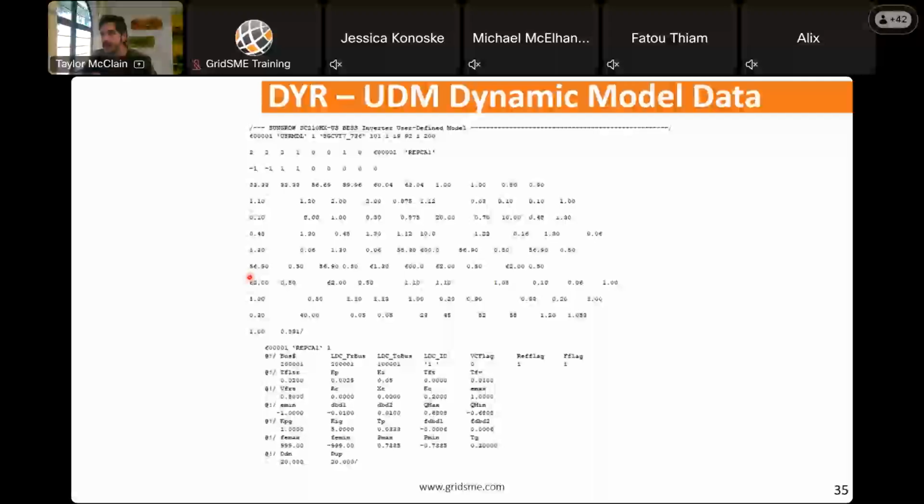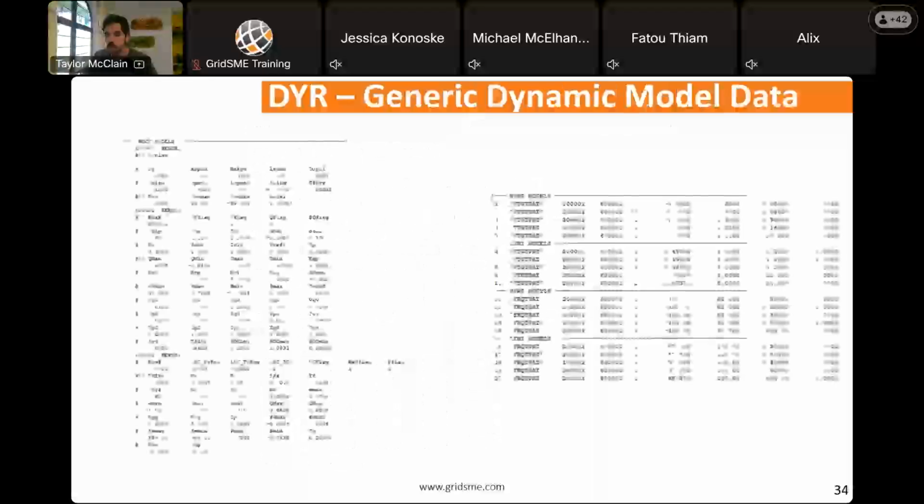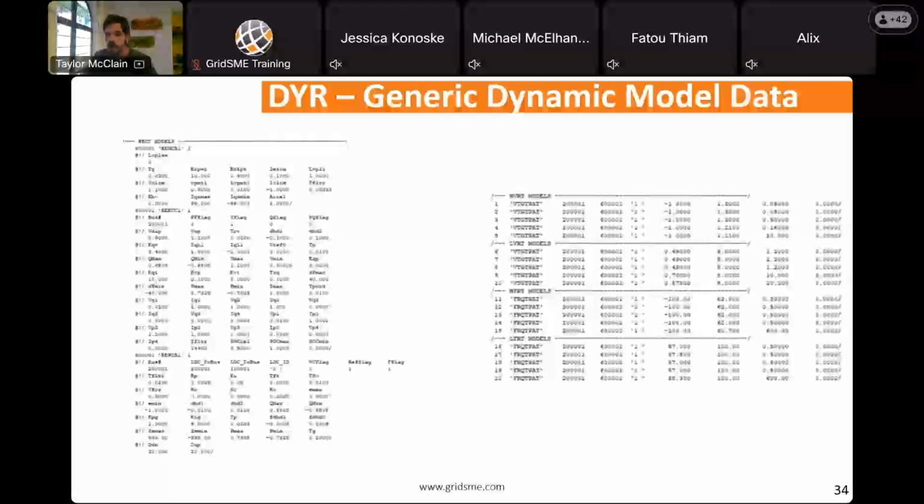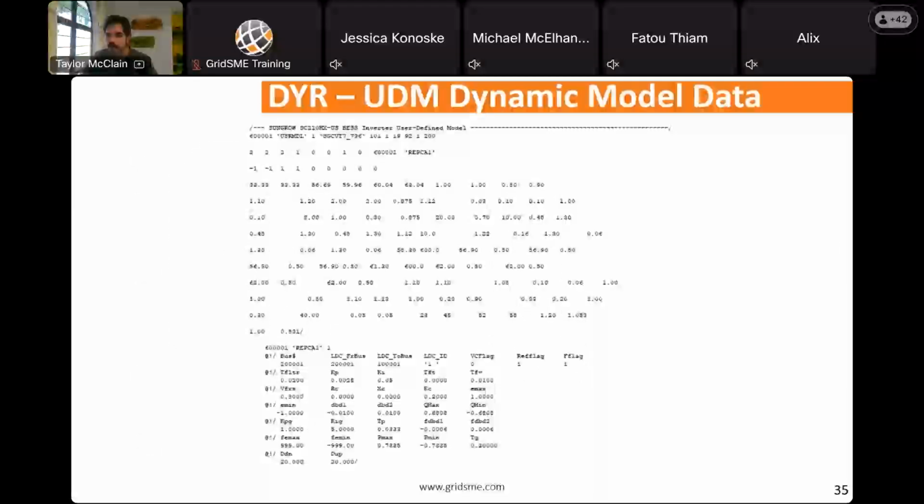So there's a mix: it requires more computing power and is a little bit more complicated, less easy to troubleshoot, but it does provide a better, more accurate response of the inverter typically. So for the most part we're using generic models, but more and more we're seeing requests for the UDMs. These are both flavors of the PSSE dynamic model.